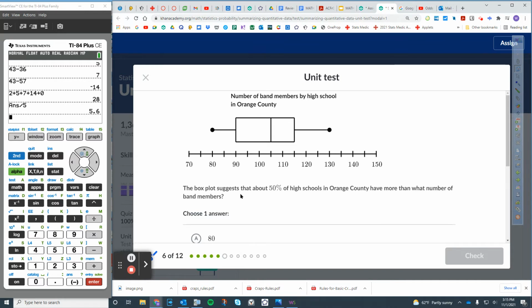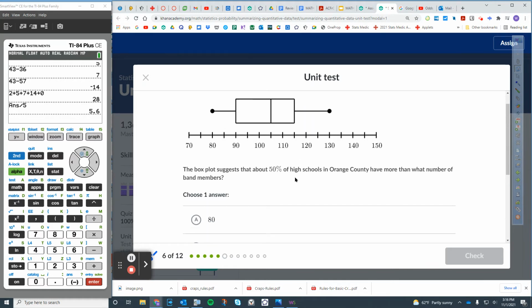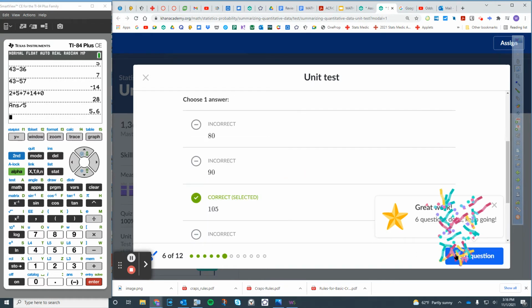So the box plot suggests that about 50% of the high schools have more than what number of band members? Yeah, exactly. So 105 to this last maximum is 50%. Have more than, so it should be 105.